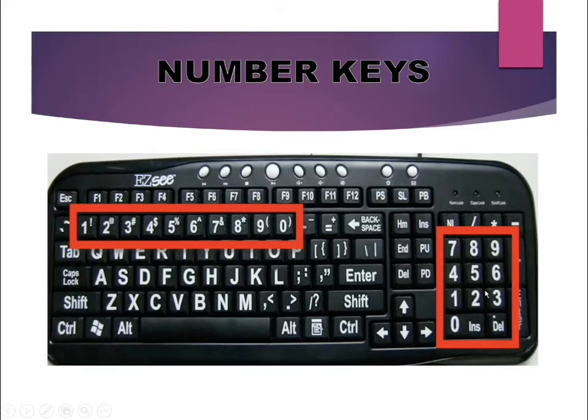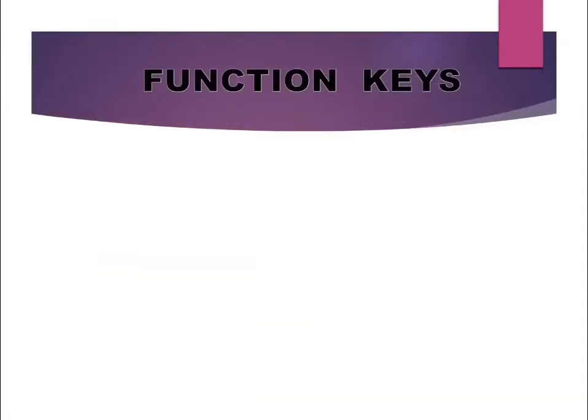This pad is basically made for doing only numeric entry. Like when your teacher does marks entry for your mark sheet, then this set of keys can be used for the purpose.